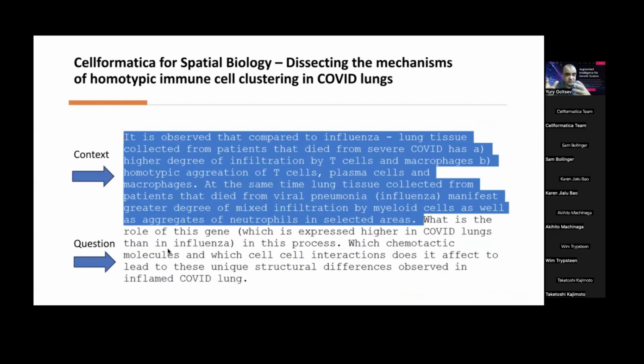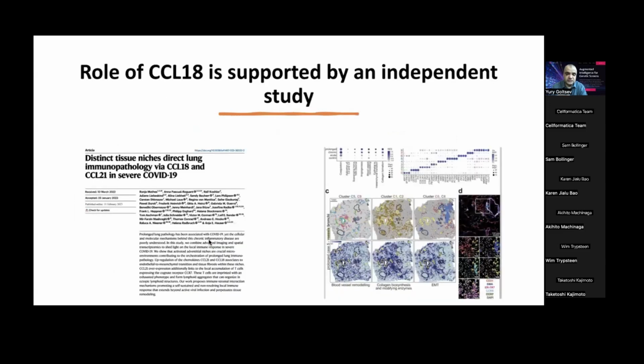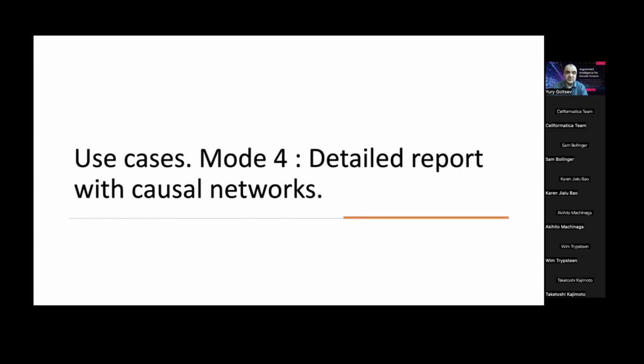I had a differential expression list, but it was a bulk list, between COVID and influenza. It was able to pull out CCL18 as a target and rationalize it, and it turns out that CCL18, shown by another group, is involved in formation of the structures in COVID lungs. So this kind of validates its ability to de novo discover.